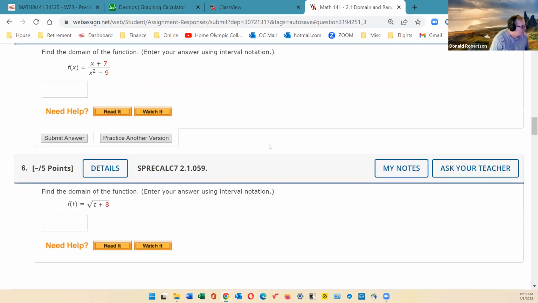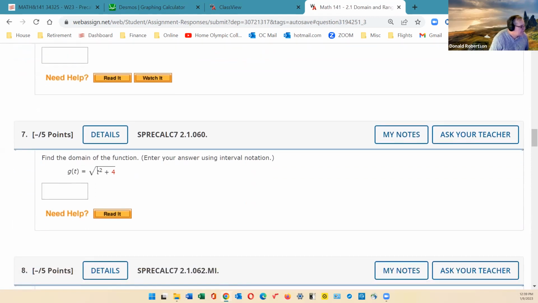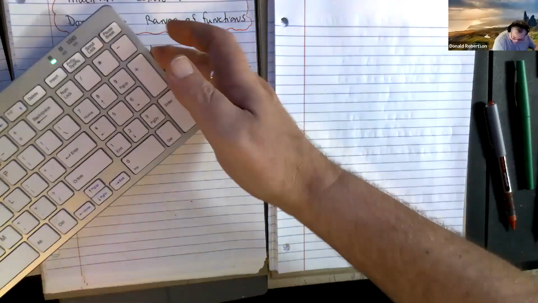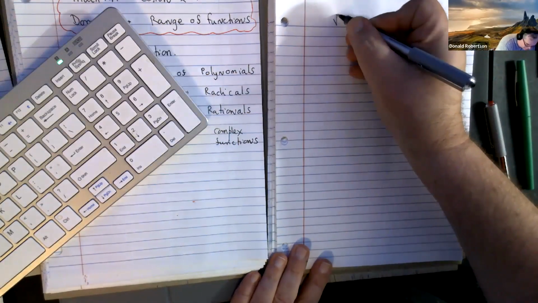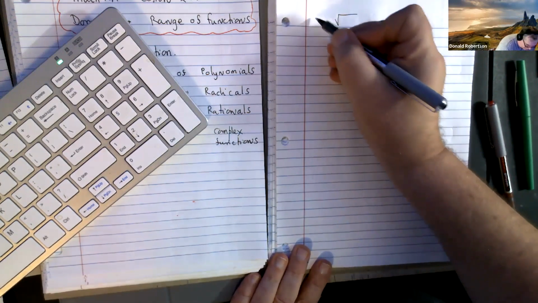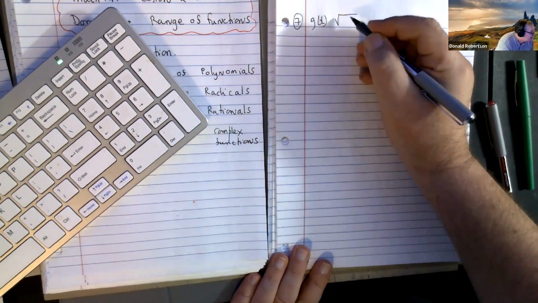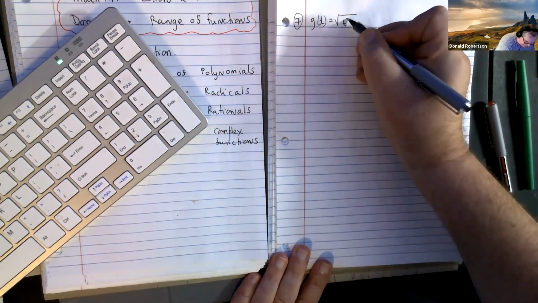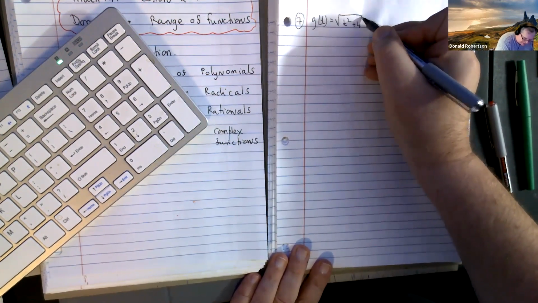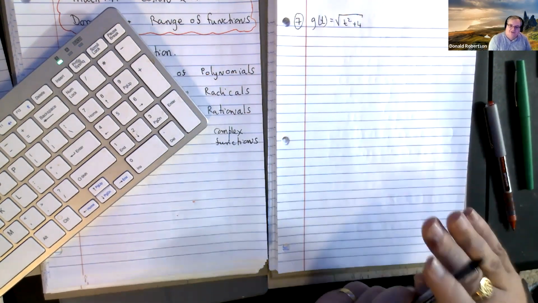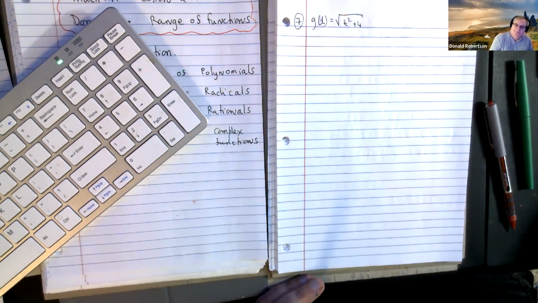That one's not unlike the one we've done. There's a radical. Oh, I didn't do question 7. So let me do a version of question 7. Square root g of t, and it's t squared plus 4. Sometimes the easiest answers are the ones that catch you out.